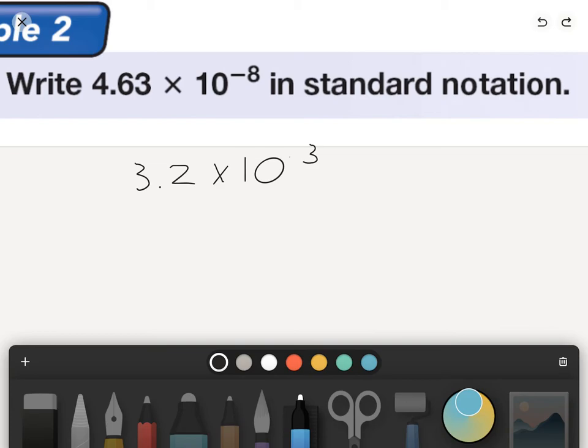But with the negative exponent, we bring it to the left. So if you had 3.2 times 10 to the power of minus 31, what would that look like? Okay, let's see.